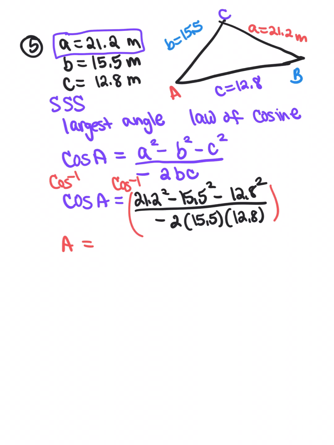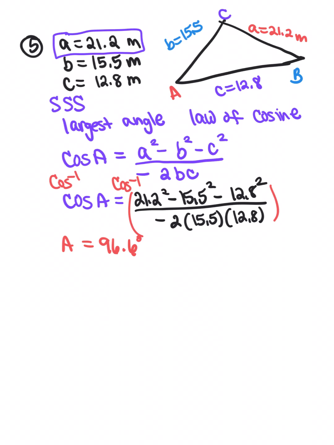I'm going to type in 21.2 squared minus 15.5 squared minus 12.8 squared. Go in the denominator and type in negative 2 times 15.5 times 12.8. Hit enter, and we get that angle A is 96.6 degrees.